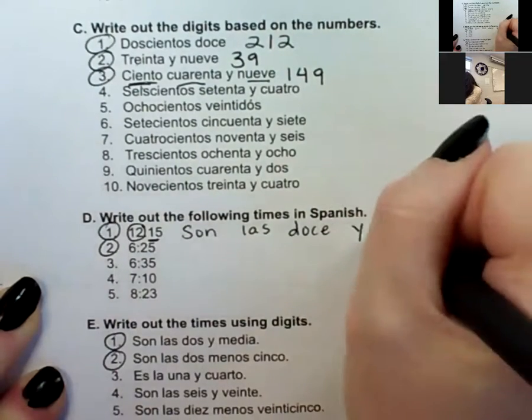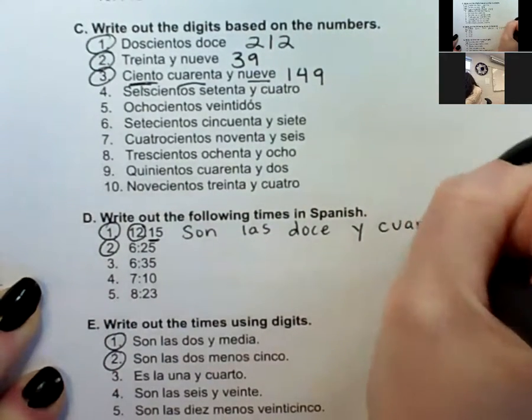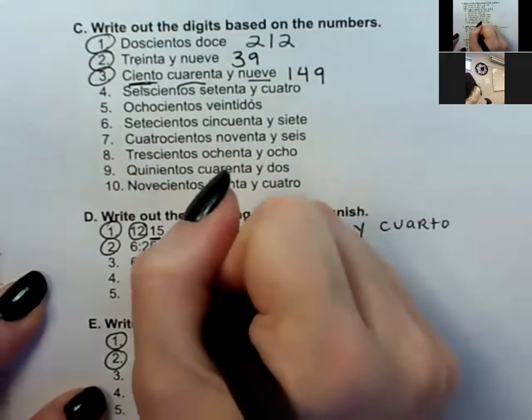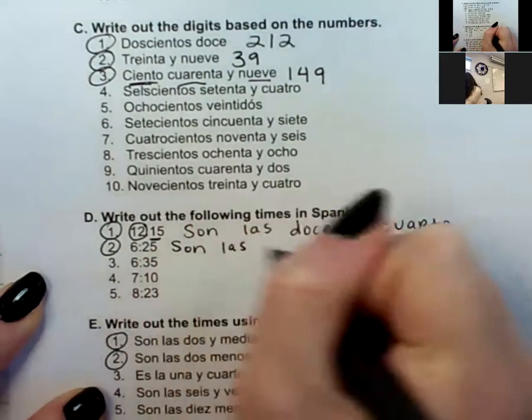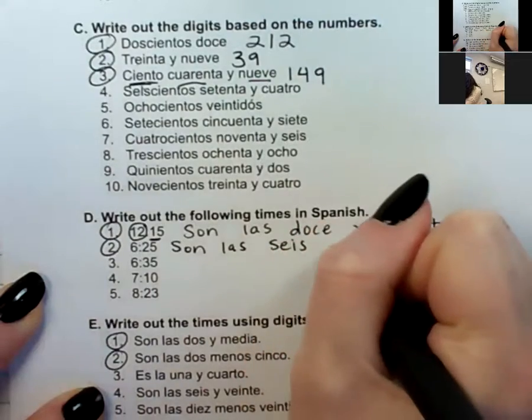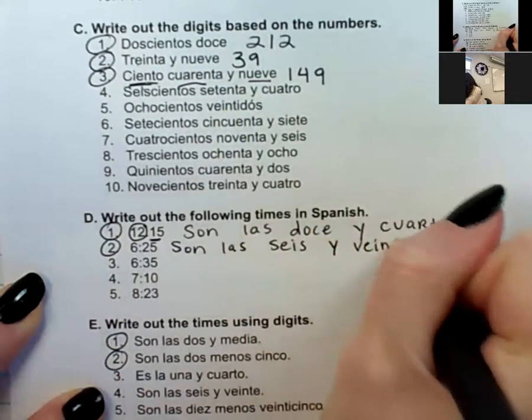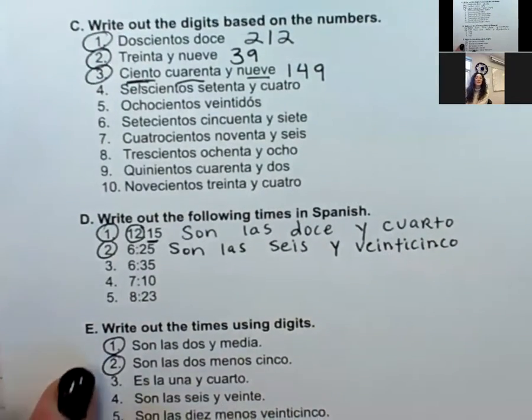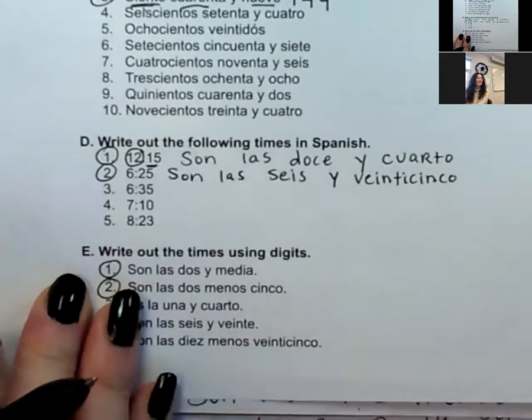So for 15, we can use cuarto, which means a quarter, or we can use 15, either one. And then number 2, the minutes are also less than 30, so we'll use the same formula. I'll say son las 6:25. Very good.